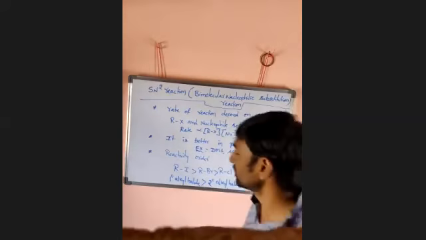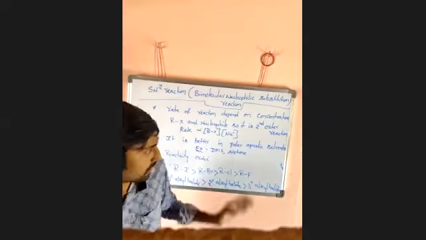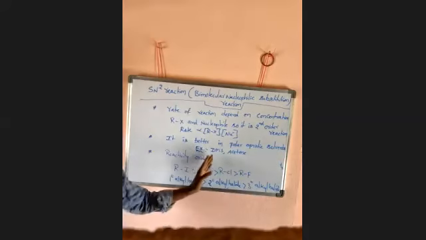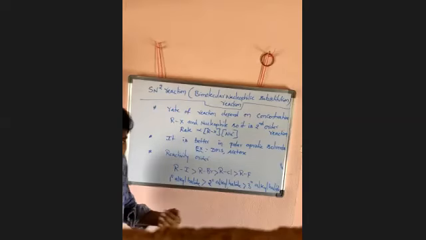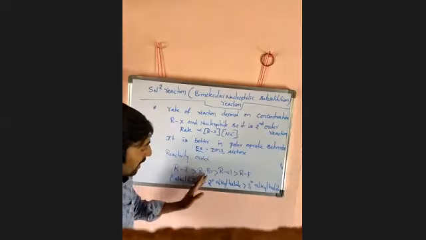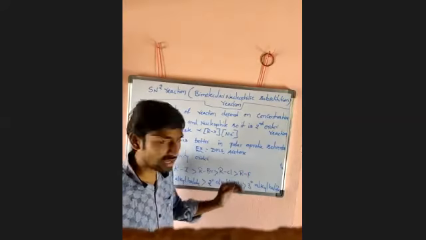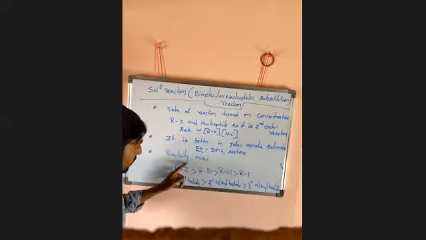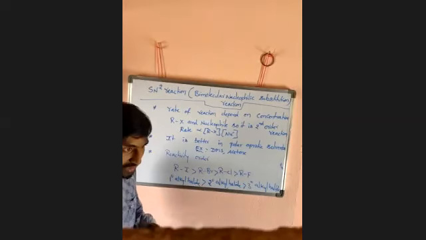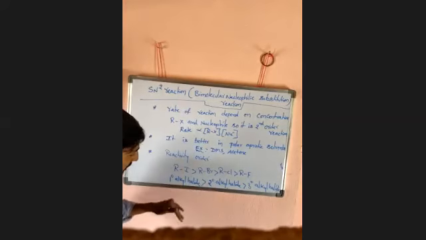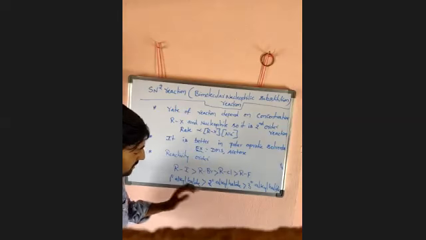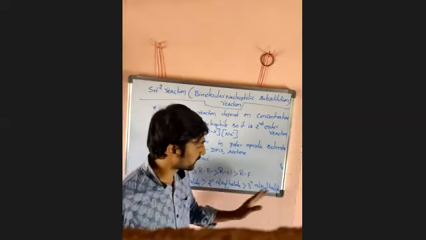The SN2 reaction is better in polar aprotic solvents like DMSO, acetone. Now the reactivity order: alkyl iodide is involved more rapidly in the reaction than alkyl bromide, than alkyl chloride, than alkyl fluoride, because iodine is a better leaving group. It can leave easily. Next, primary alkyl halide is more reactive than secondary, which is more reactive than tertiary.